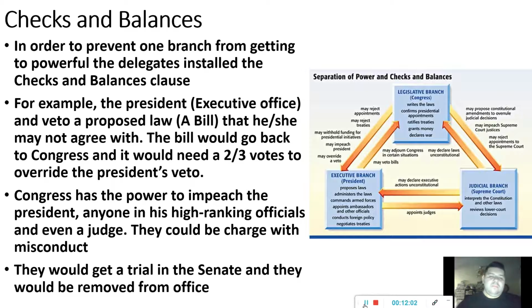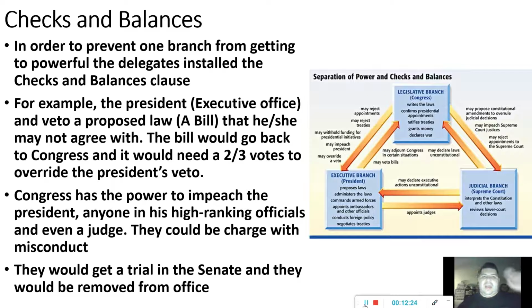What Congress would have to do is basically get 2/3 of the votes saying, yes, we want this law. Okay, 2/3 of the senators, 2/3 of the House of Representatives at least. And if they do get it, then it becomes law. The president then has no say so.